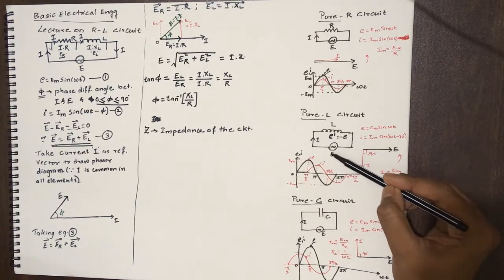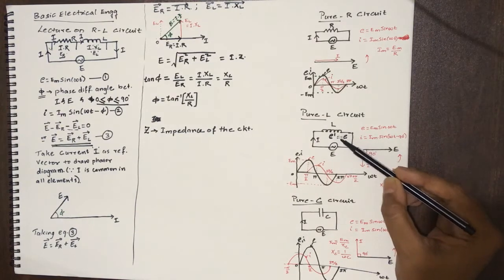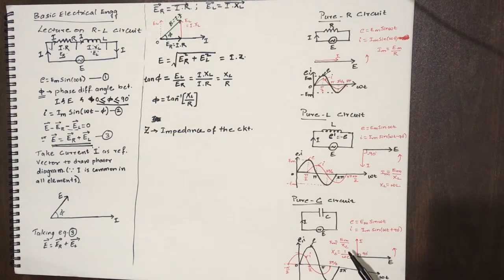Whereas in a pure capacitive circuit, the complete input energy given to the capacitance is stored in the form of electrostatic energy, the electrostatic field across the two plates of the capacitor. Here also we don't observe any power dissipation in the circuit.